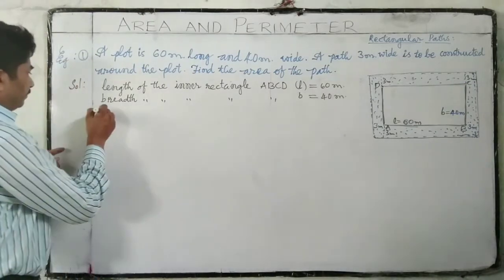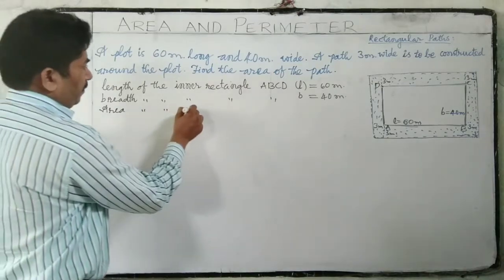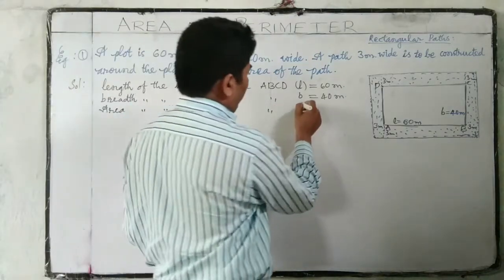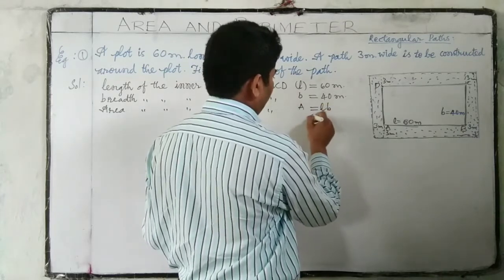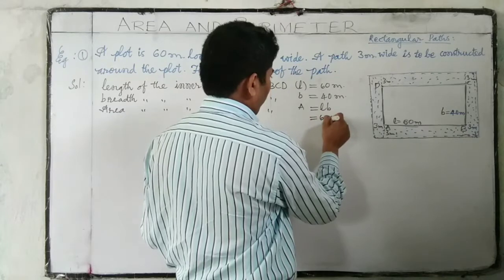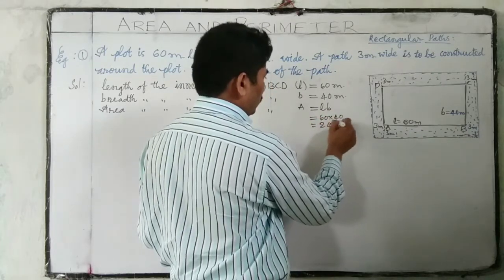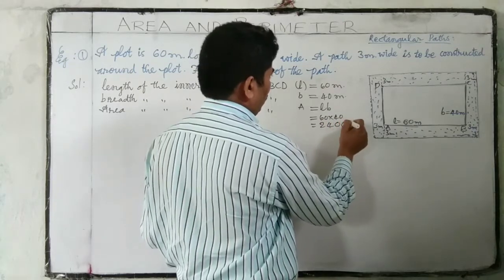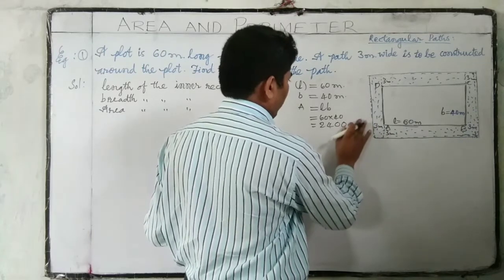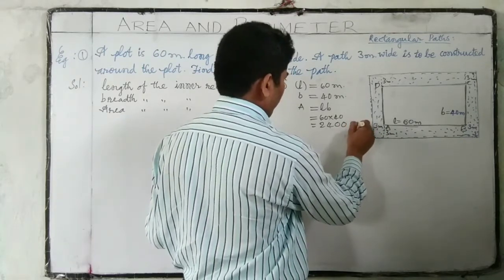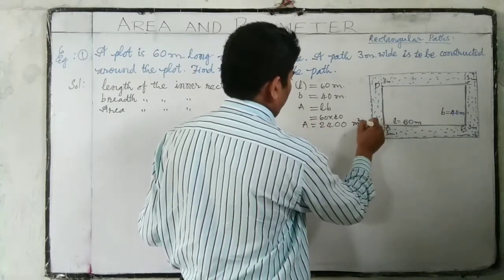So area of the inner rectangle ABCD, A is equal to lb is equal to 60 into 40 is equal to 6 4s are 24, 2 zeros, 2400 square meters. So we can write meter square also. This is the first answer.